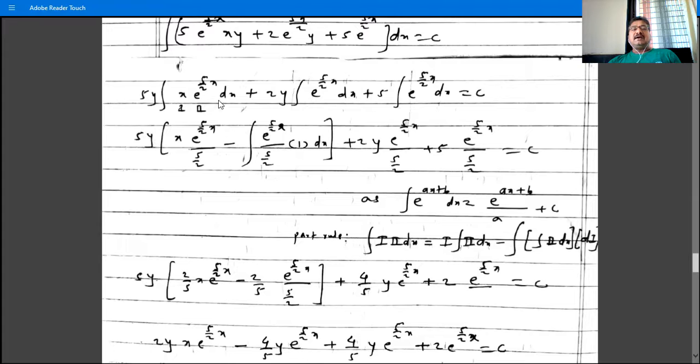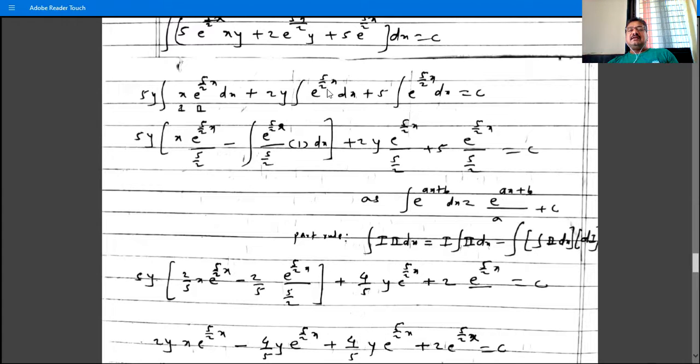Then 5y, and this is the integration by parts rule. So x is first, the exponential function is second. So first the integration of the second, e raised to 5x by 2, is e raised to 5x by 2 divided by 5 by 2. This is the rule: the integration of e raised to ax plus b dx is e raised to ax plus b divided by a, plus a constant.